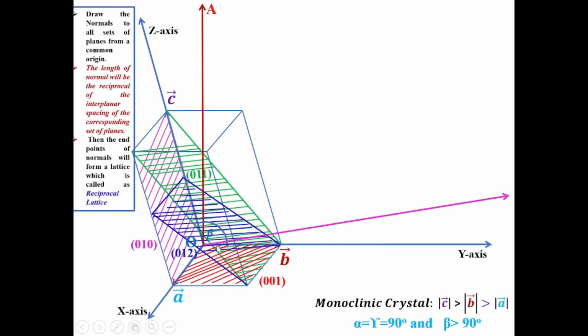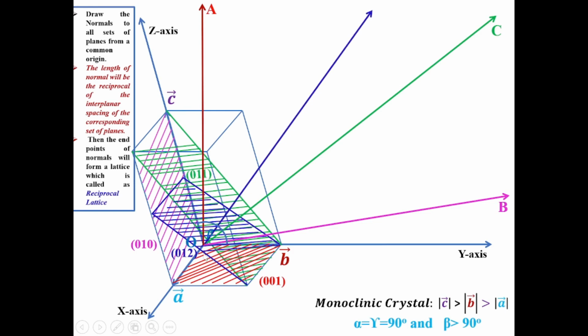Now OB normal is drawn on this 010 plane. Then OC normal is drawn on the 011 plane, and OD normal is drawn on this 012 plane.